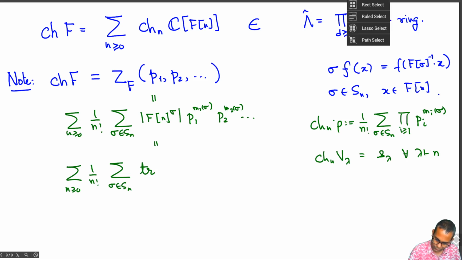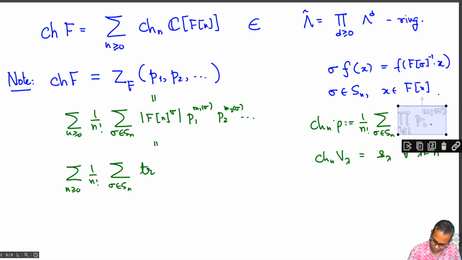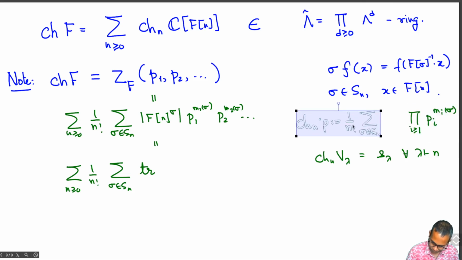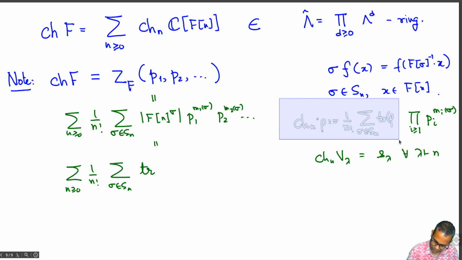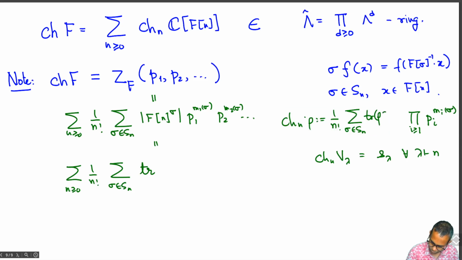Oops, I forgot something in this definition. I want here the trace of rho(sigma), let's make it a little bigger. I forgot the main thing in this definition, the trace of rho(sigma), which is the character of the representation.